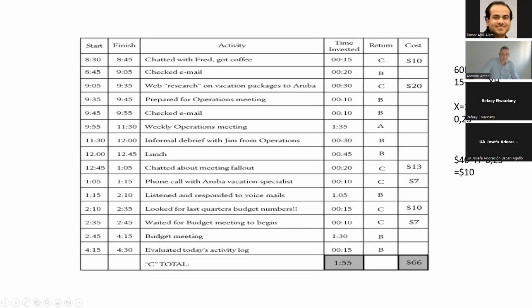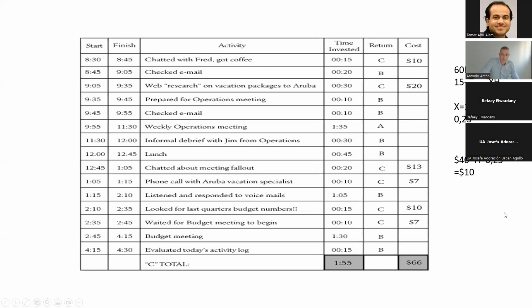So you have two options here. This is a rule of thumb: 60 minutes involve 1 hour, 15 minutes involve X hours. So in terms of time we are talking about 0.25 hours, that is 25%.